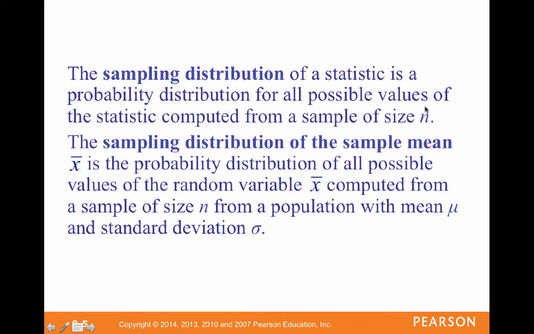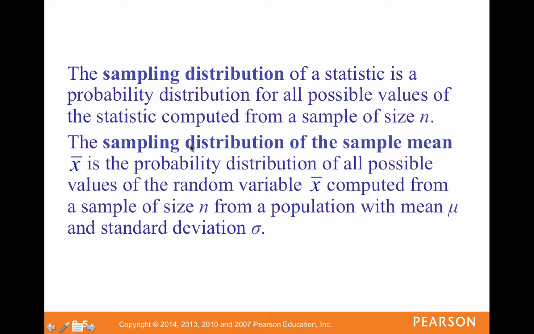So the big idea here is that whenever you're computing a statistic, you have a sample of size n, and then we will look at the distribution of theoretically all possible samples that we can get of size n from the population, and how all the different sample means from all those different samples are distributed. And that's called the sampling distribution.